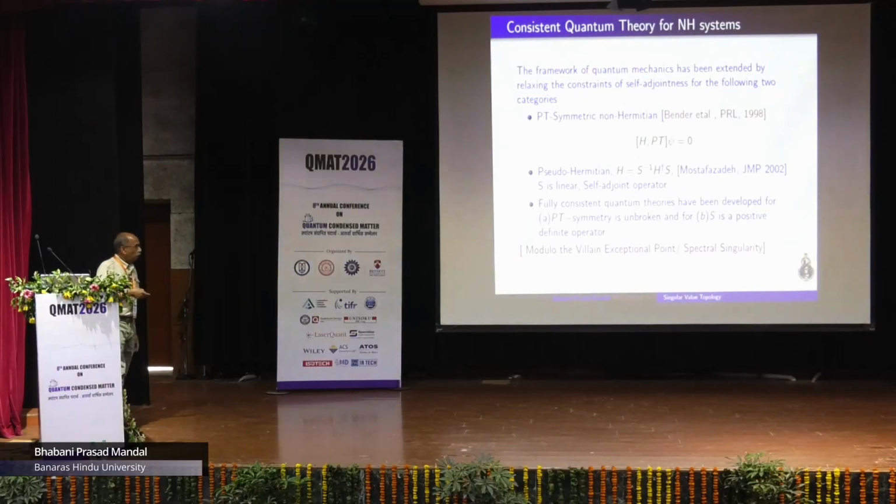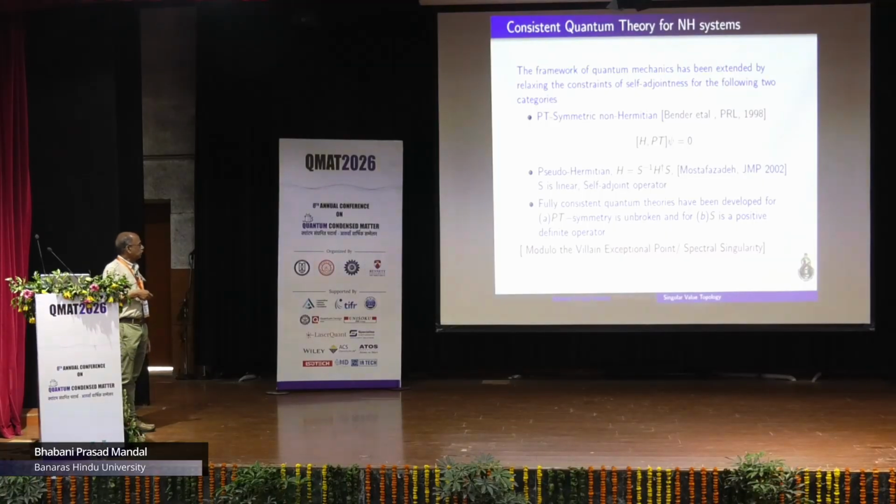Okay, so the framework of quantum mechanics has been extended by relaxing the constraint of self-adjointness in the following two categories. If the system is PT symmetric, as introduced by Bender in 1998, or if it is pseudo-Hermitian, a bigger class of PT symmetric systems introduced by Ali Mostafazadeh in 2002.